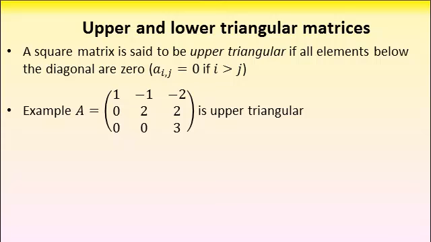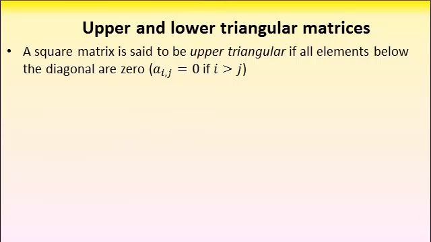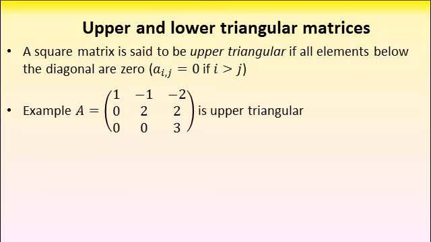Here is an example. A is 3 by 3 square. It's upper triangular because it has only non-zero elements on the diagonal and above the diagonal. All the elements below the diagonal are 0. The name is quite natural, since all the non-zero elements form a triangle in the upper part of the matrix.